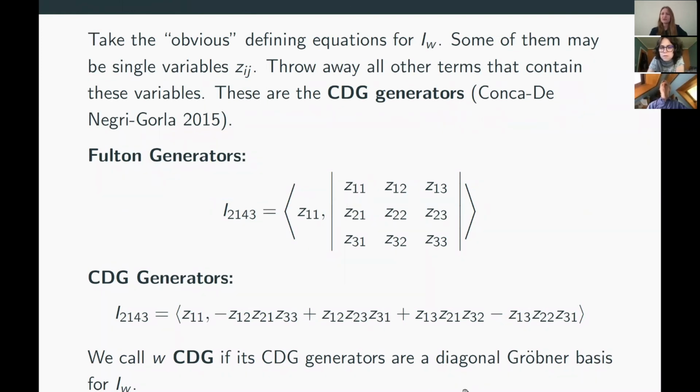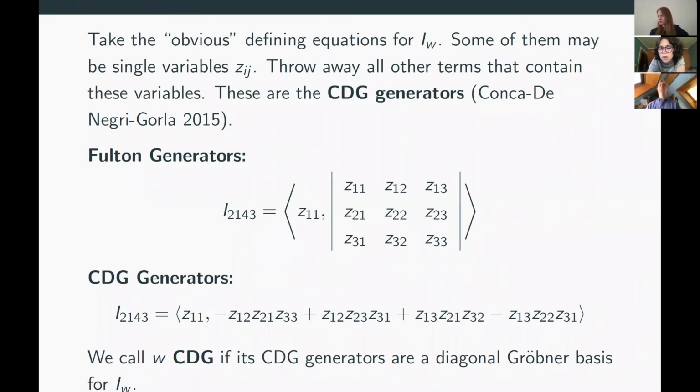Conjecturally, there seems to be some pattern condition describing when things are CDG, meaning these CDG generators are a diagonal Gröbner basis. We have the list of patterns in our paper on the arXiv, but we haven't proved that things are actually CDG when they avoid that list of patterns.